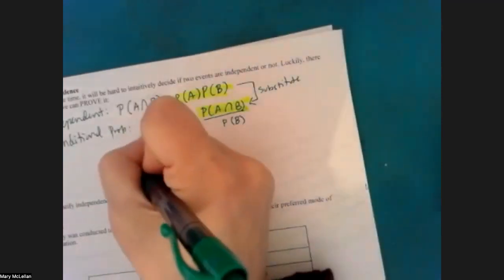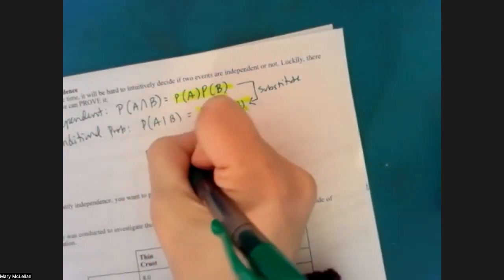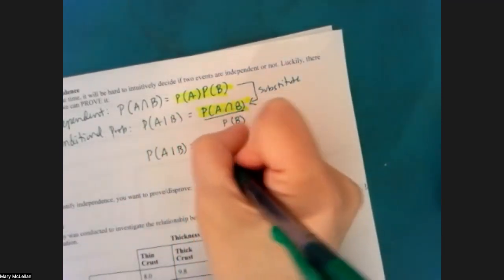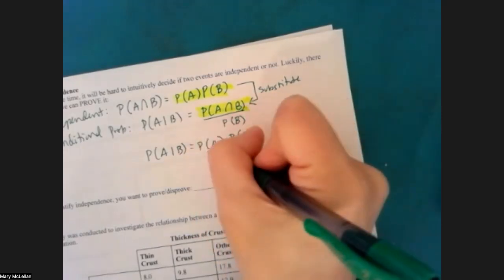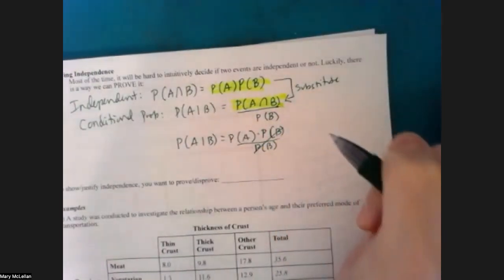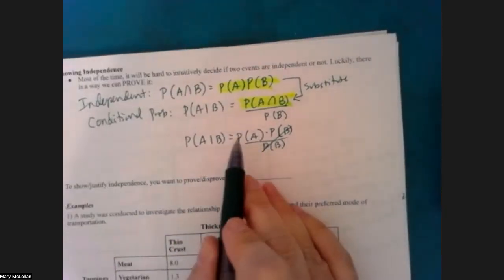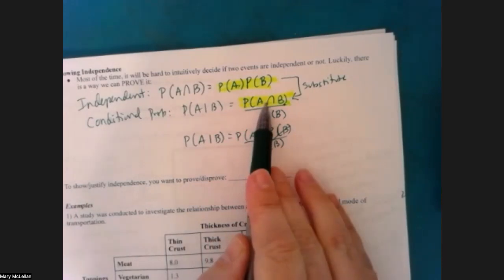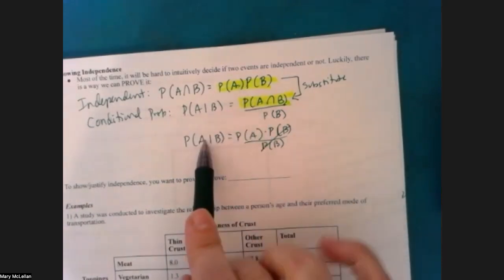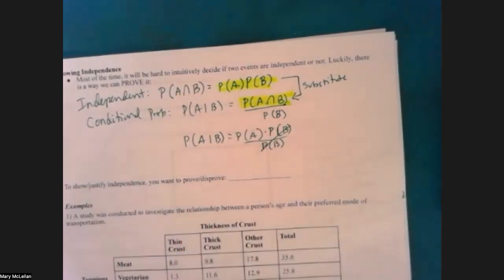That would give me that the probability of A given B is equal to the probability of A times the probability of B divided by the probability of B. But probability is just a number, so this can cancel. And what I end up with is, if two events are independent, then the probability of A given B is just the probability of A.